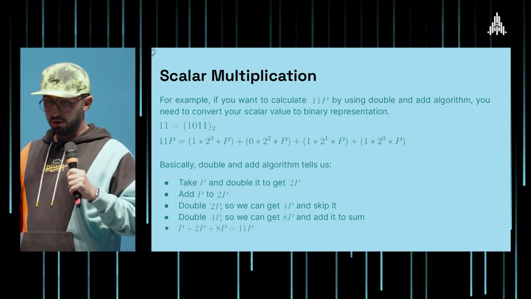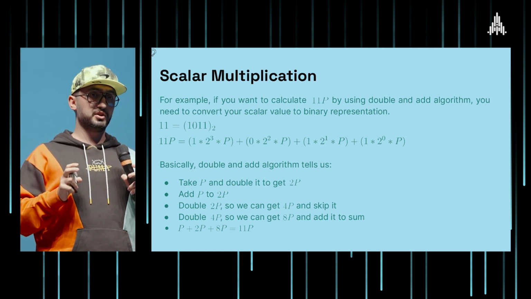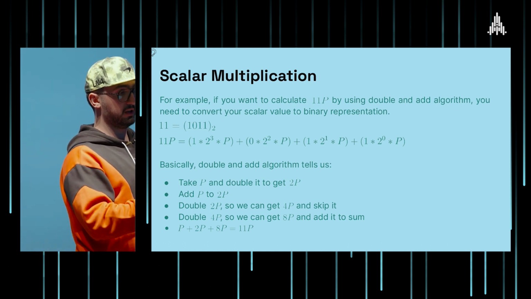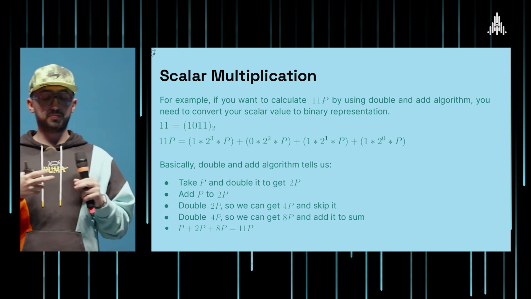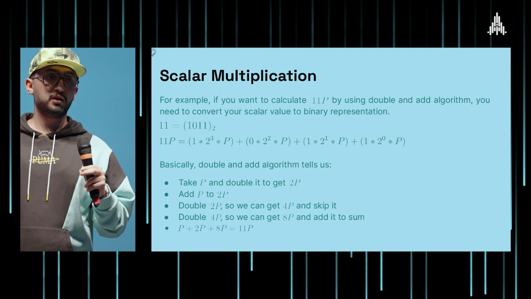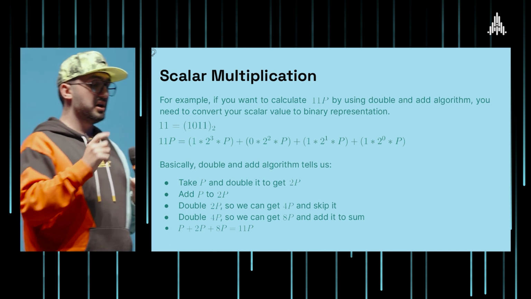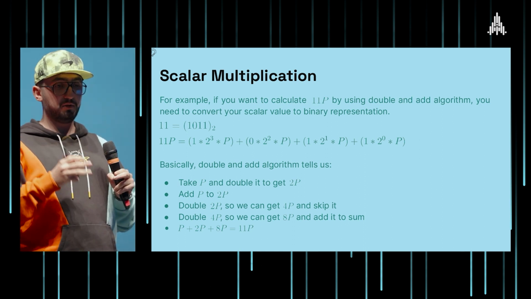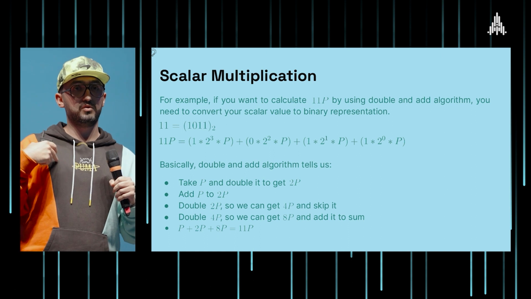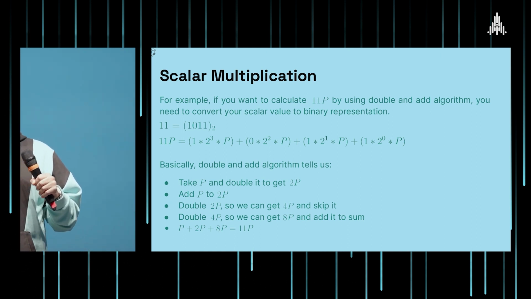Okay, so with these operations, I have an example of scalar multiplication. What is multiplication? I told you that we don't have any other operations except addition. But if you do the operation P plus P, we will have 2P, and if you add another P, you will have 3P, 4P, 5P.